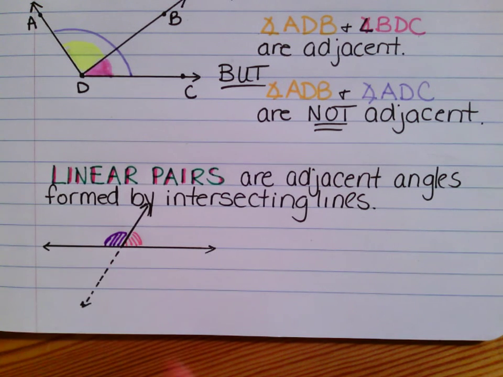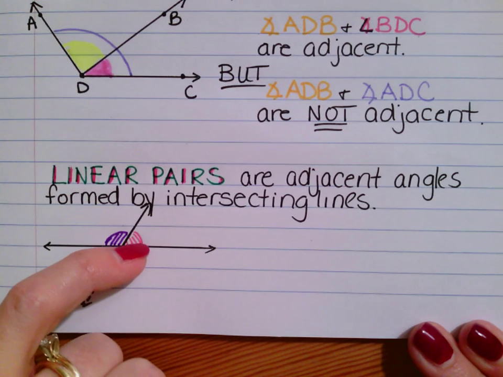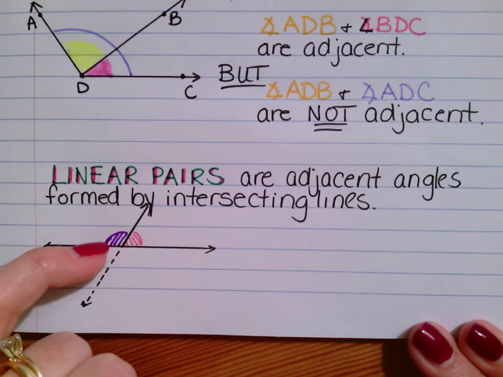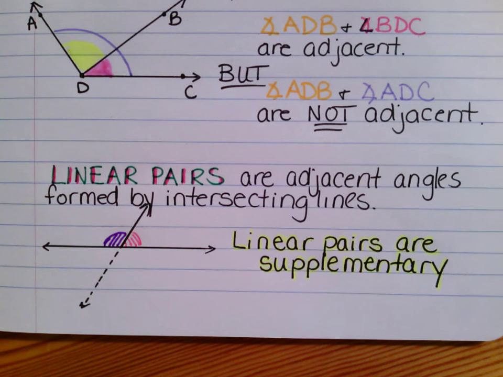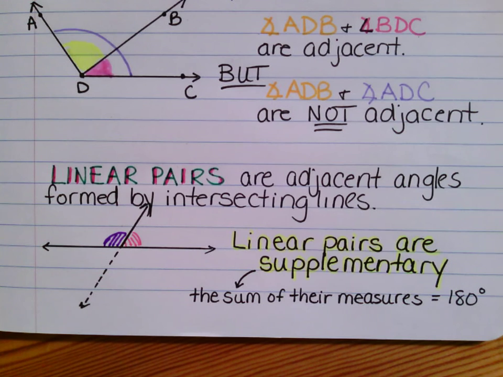And linear pairs, because they together make a straight angle, are supplementary. That means that the sum of their angle measures is 180 degrees. And those are our three special angle pair relationships: vertical angles, adjacent angles, and linear pairs.